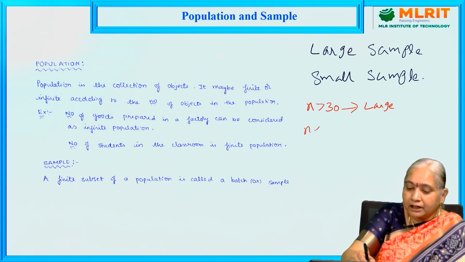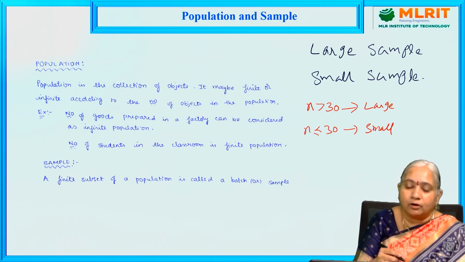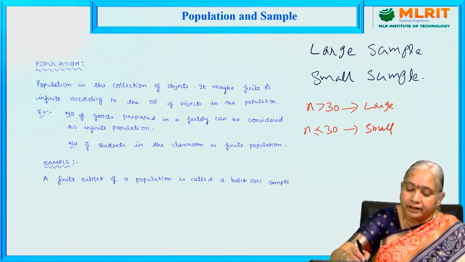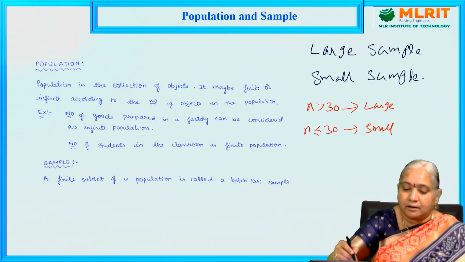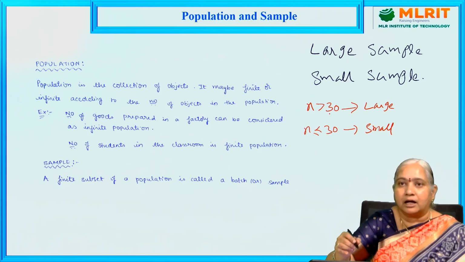If the n value is less than or equal to 30, it is a small sample. That means a sample consisting of less than or equal to 30 objects is called a small sample, and if the sample consists of more than 30 objects, it is called a large sample.